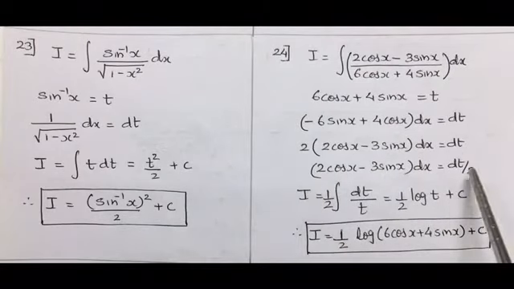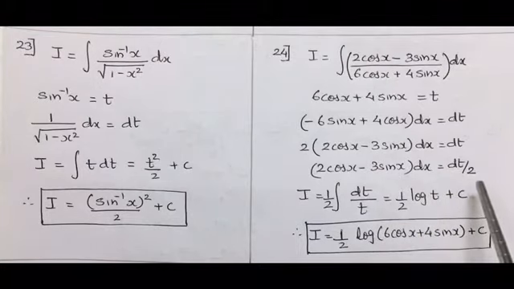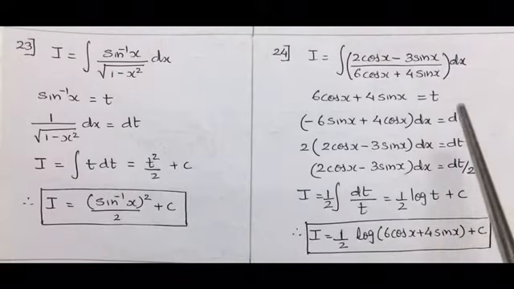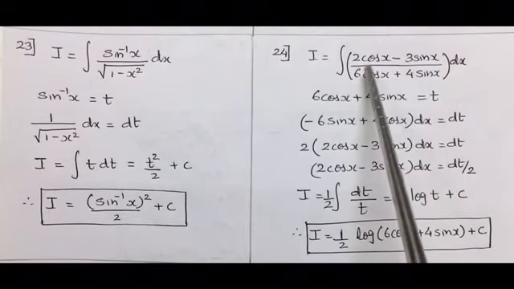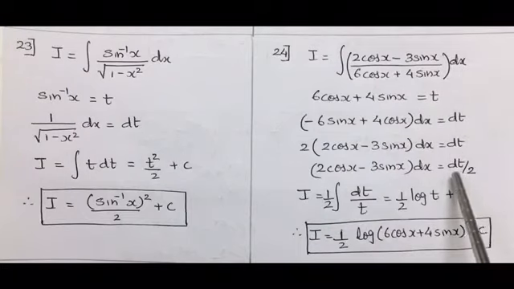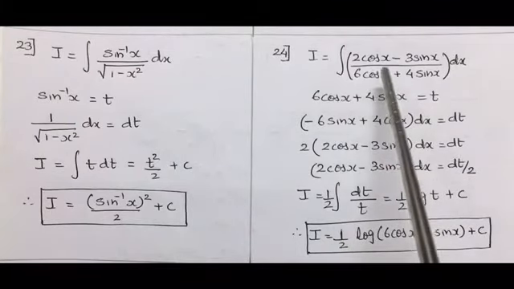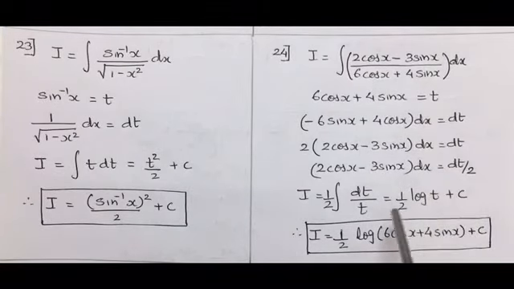Now taking 2 to the other side, we get 2 cos x minus 3 sin x dx is equal to dt by 2. Now putting the values in the integration, in the place of 2 cos x minus 3 sin x dx, it is substituted as dt upon 2, and in the place of 6 cos x plus 4 sin x, t is to be substituted.